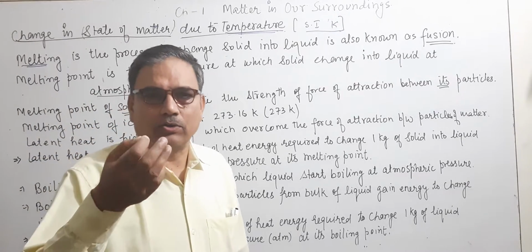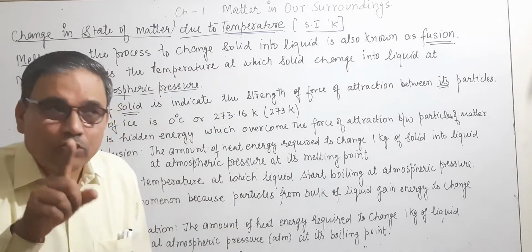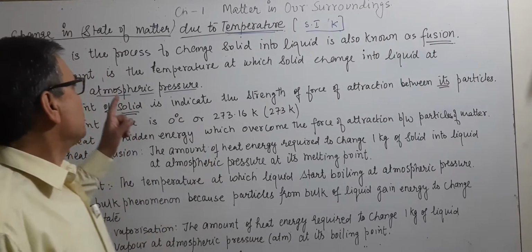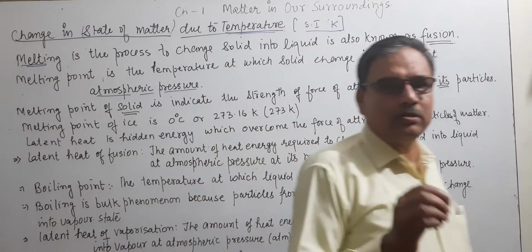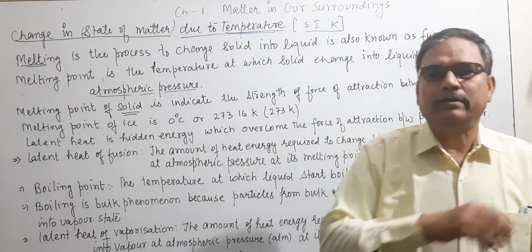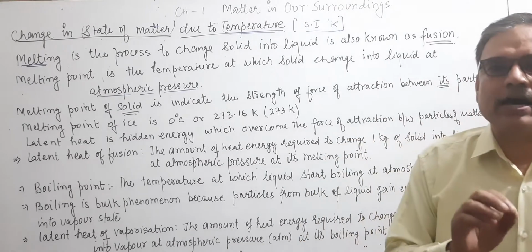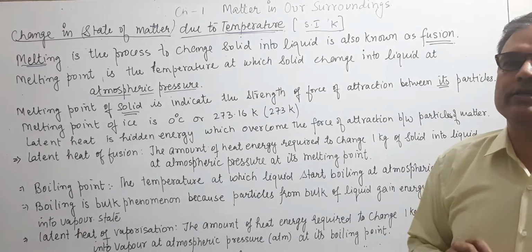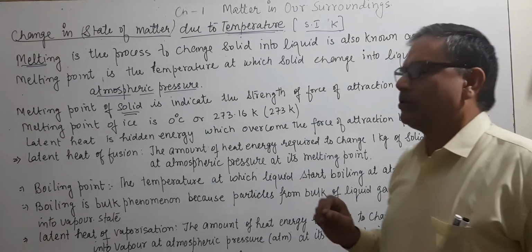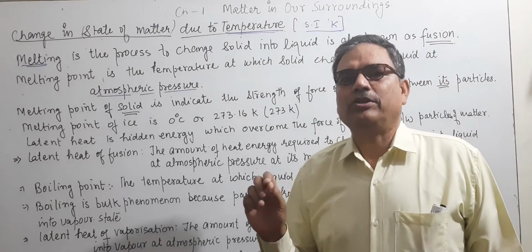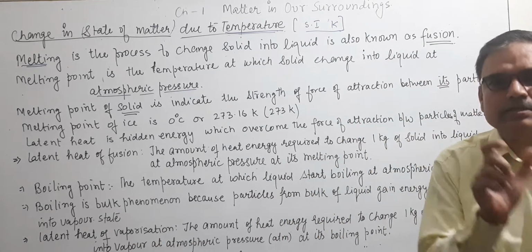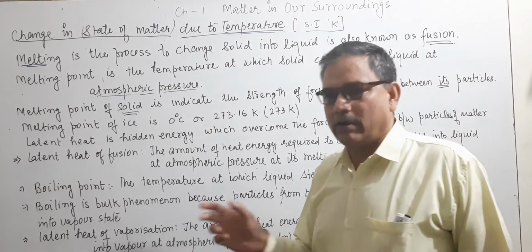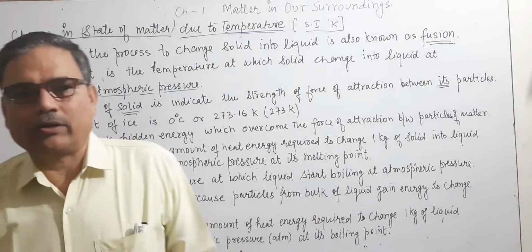When a solid changes into liquid at atmospheric pressure, this is known as the melting point. And the melting point of ice is 0 degrees Celsius, which is equal to 273 Kelvin. The relation between Celsius and Kelvin will be discussed later on.